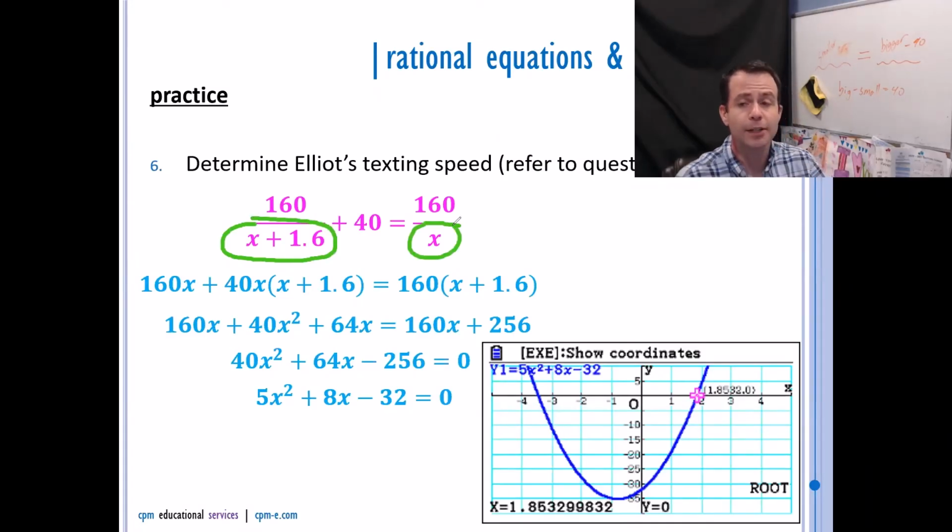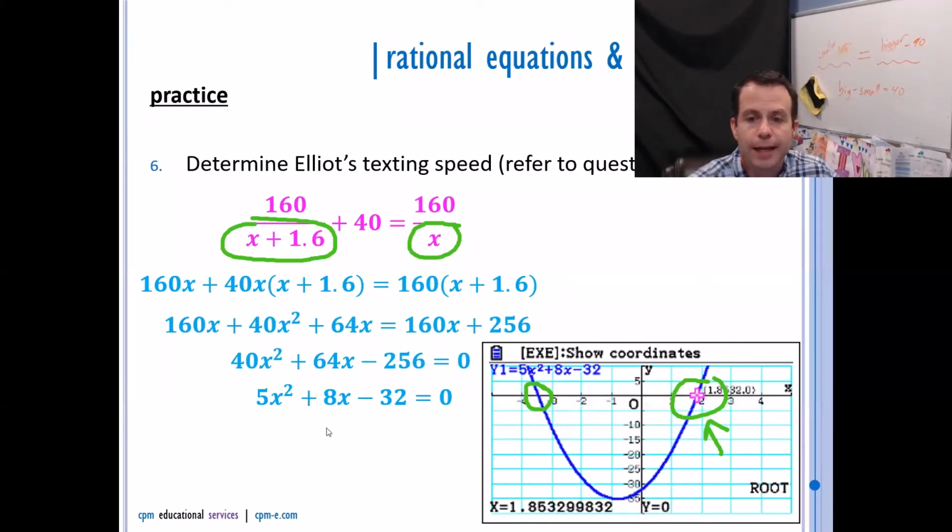So I know that my x value has to be greater than 0, because I can't end up with a negative speed. So although I have two intersections here on the x-axis, I'm only looking at that guy because the other one is negative.